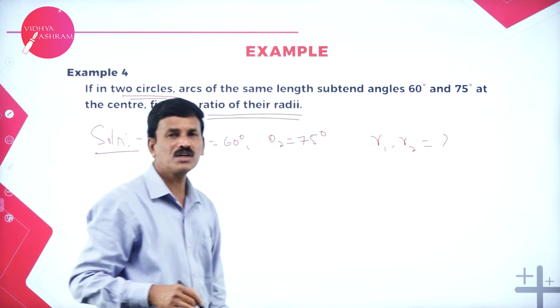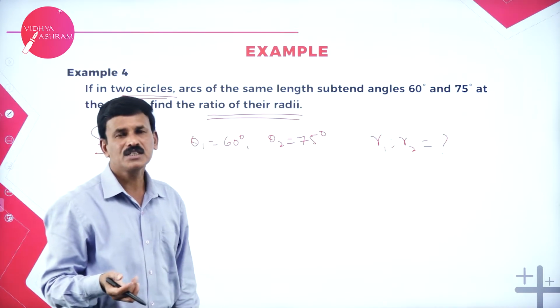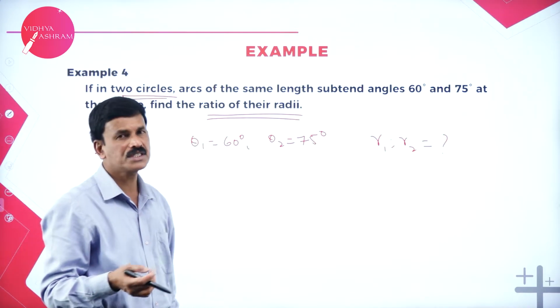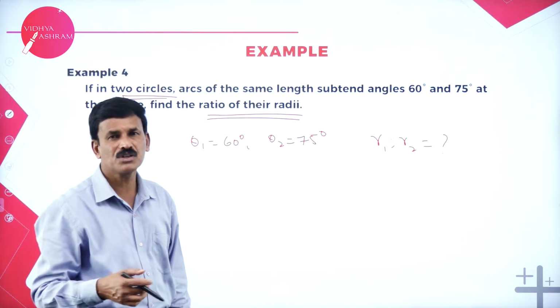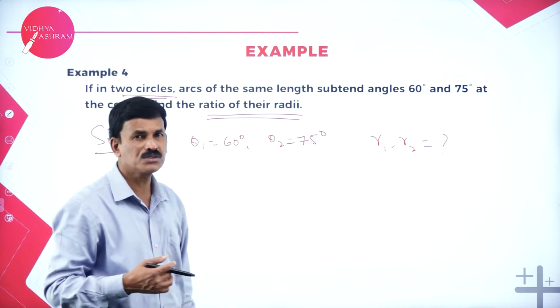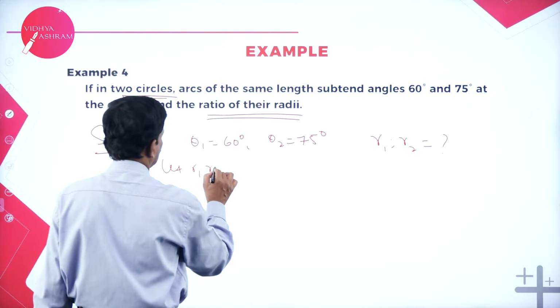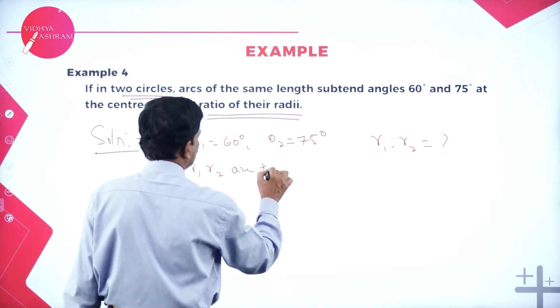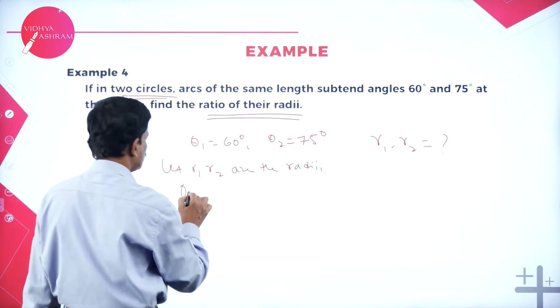If R1 and R2 are the radii of the first and second circle, and theta 1 and theta 2 are the angles for the first and second circle, then what is required is R1 is to R2, provided theta 1 is equal to 60 degrees and theta 2 is equal to 75 degrees. Let R1 and R2 be the radii, theta 1 and theta 2 the angles.